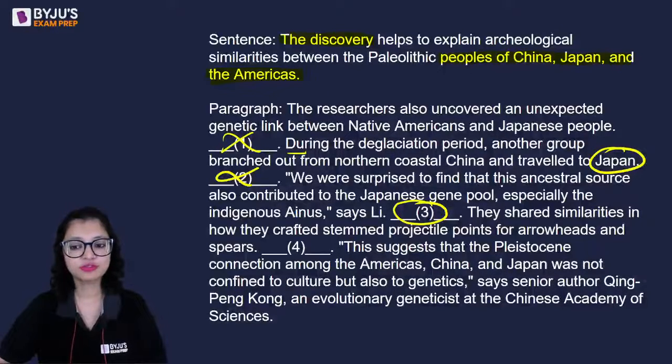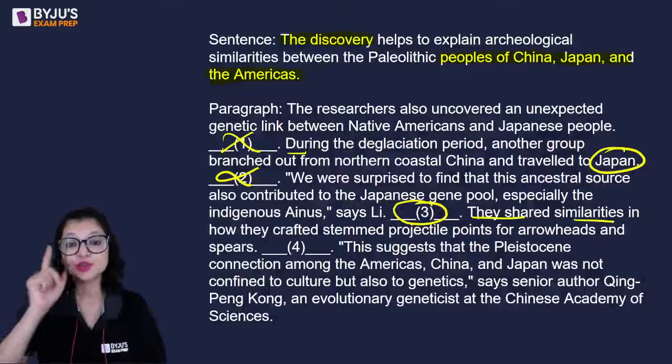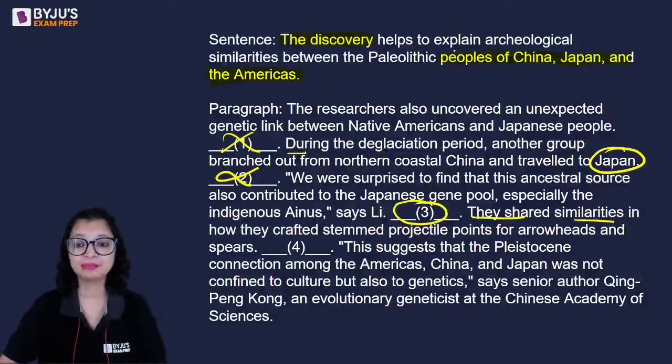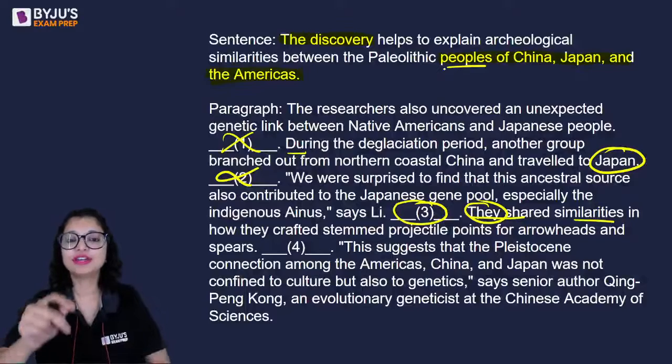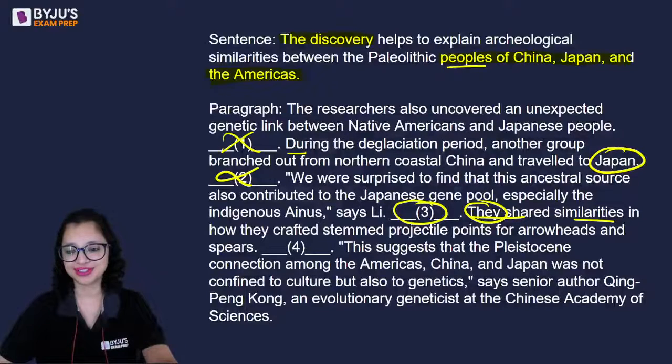We were surprised to find that this ancestral source also contributed to the Japanese gene pool, especially the indigenous Ainu, says Lee. They shared similarities. Who shared similarities? The peoples of China, Japan, and Americas. They shared similarities in how they crafted stemmed projectile points. So "they" is used for the peoples of different countries mentioned.